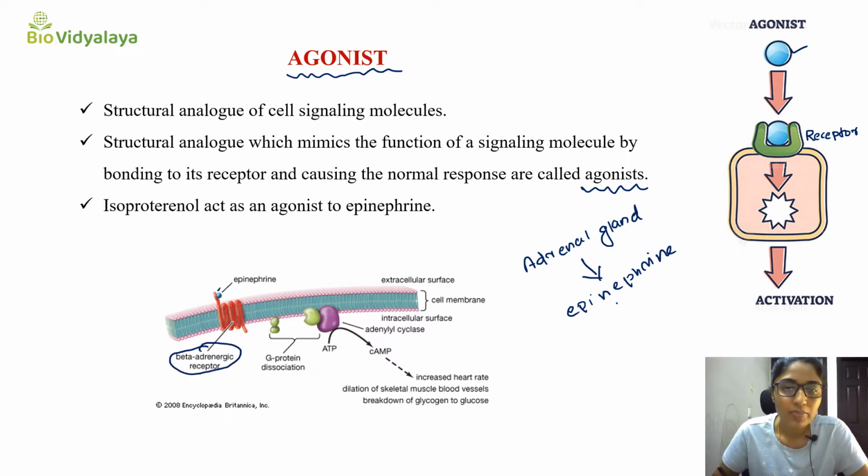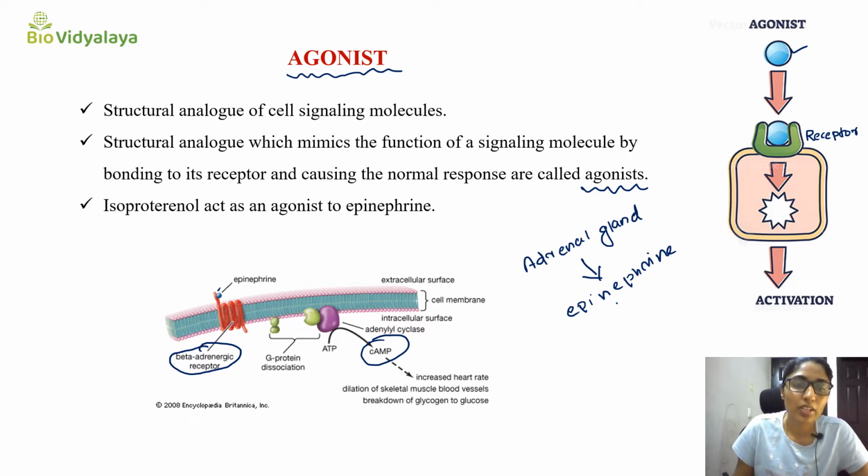That leads to the intracellular pathway, like activation of the secondary messenger cyclic AMP, and finally gene activation and cellular responses like increased heart rate, dilation of skeletal muscle blood vessels, and breakdown of glycogen to glucose. These are the normal cellular responses that happen when epinephrine binds to its receptor.